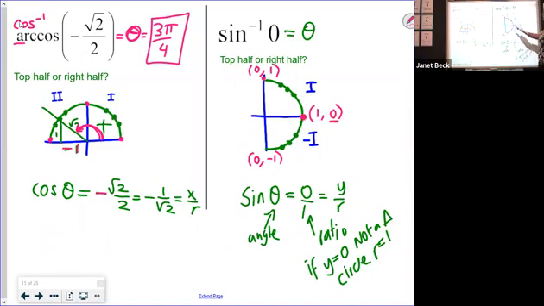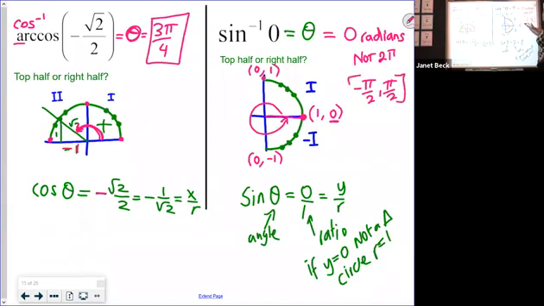What do I call that angle? 0. 0 radians. It would also be 0 degrees. Can I call it 2 pi? No, not 2 pi. Inverse sine is restricted from negative pi over 2 to positive pi over 2. 2 pi is way bigger than half a pi. Can't call it 2 pi, you have to call it 0, that angle.